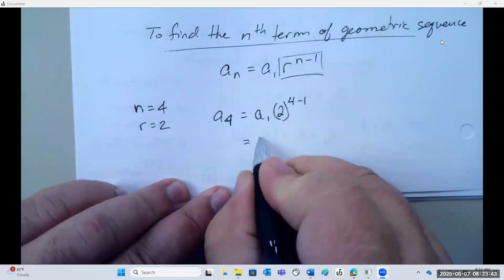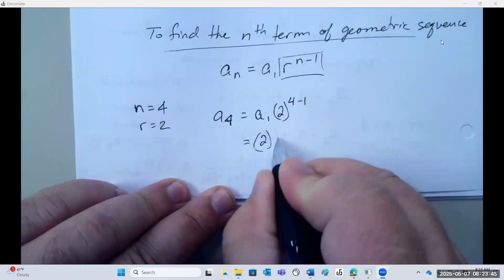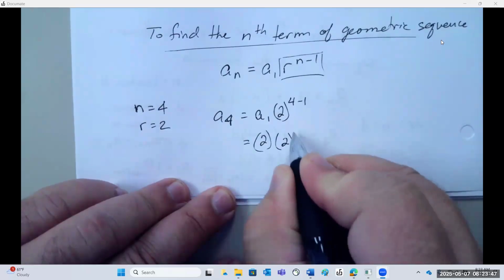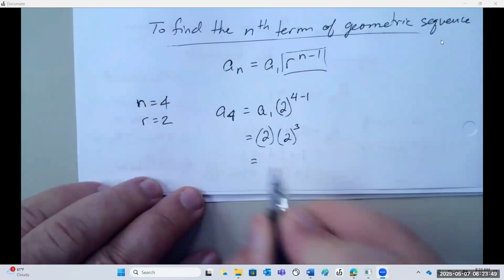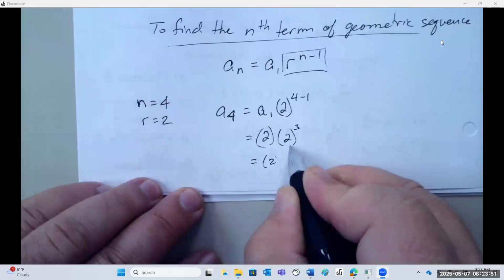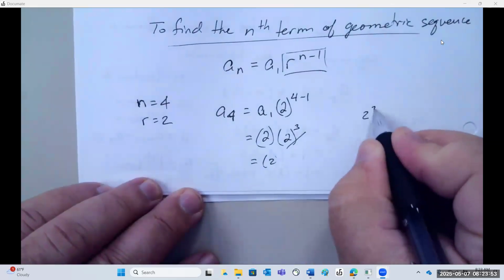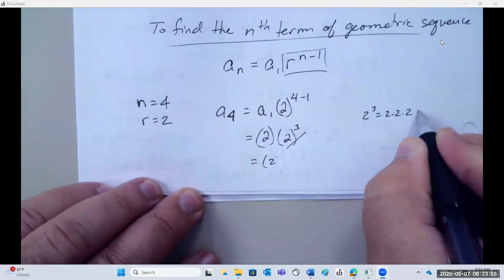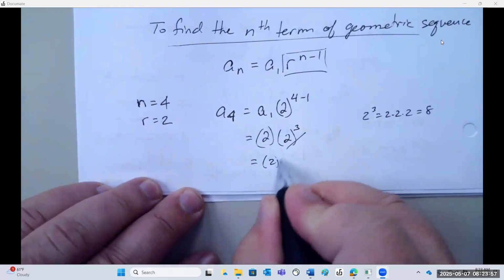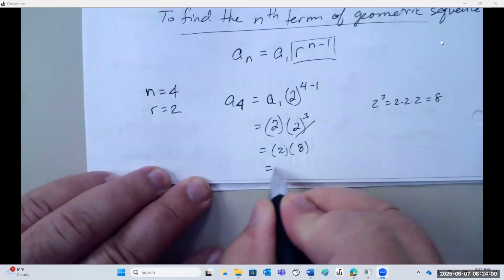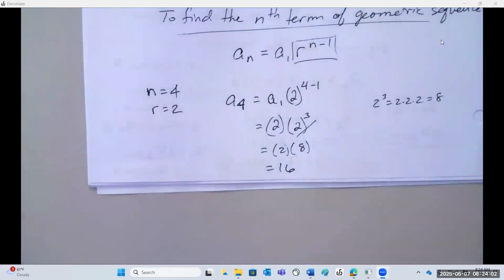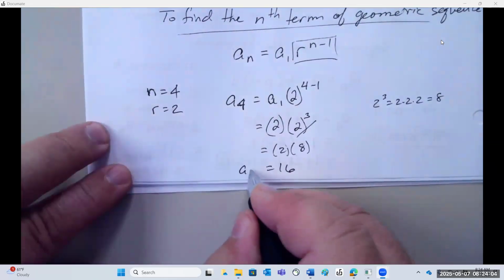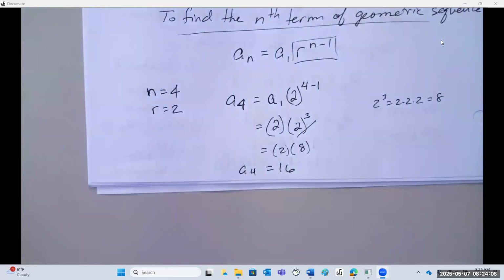A sub 1 is the first term, which is 2. The ratio is 2. 2 to the third is 2 times 2 times 2, which is 8. Times 2 is 16. So the fourth term in my sequence is 16. And sure enough, it is.